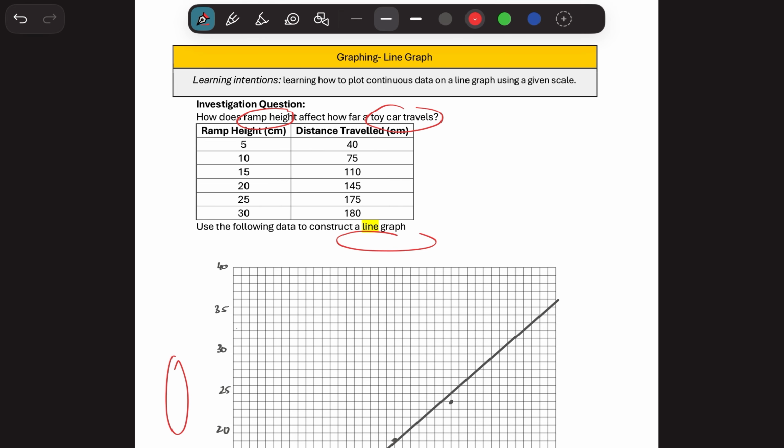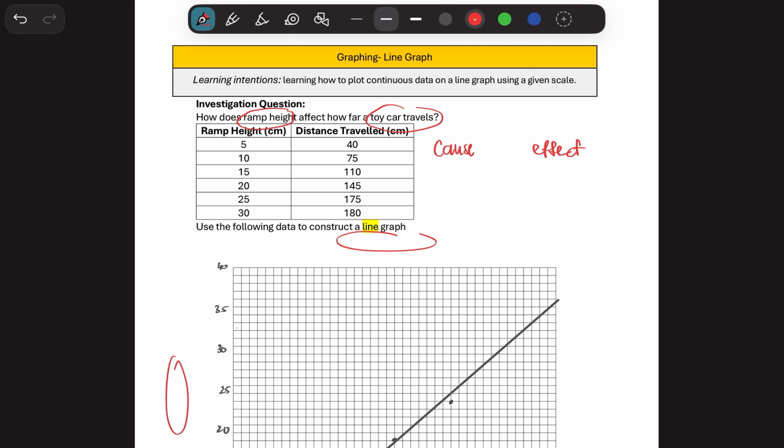Once again, you need to identify your independent and dependent variable before you start graphing. The easiest way to do that is to start off with identifying your cause and effect. So if you're still struggling with independent and dependent, say, what's my cause and what's my effect?